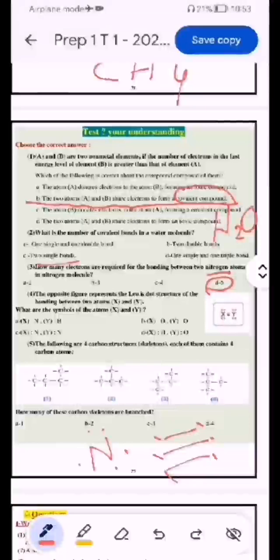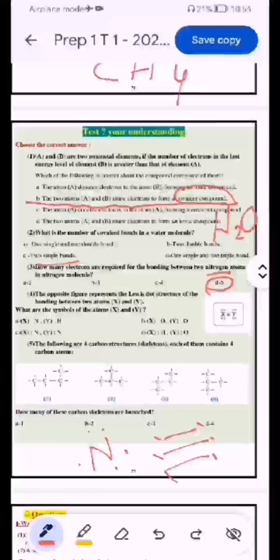6 electrons, okay? Number 4, you can see this figure, X bonded to Y, and there is a double covalent bond between them. So, the number of electrons in Y and X are equal to each other.